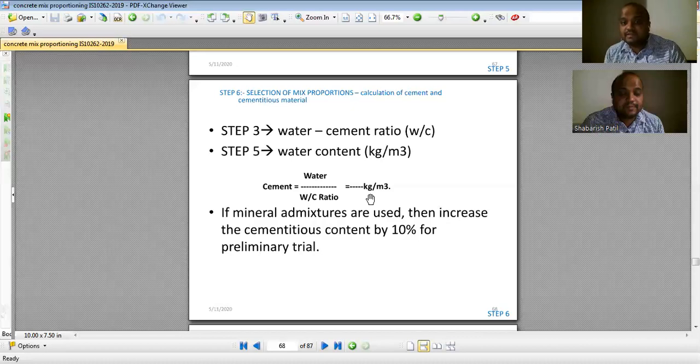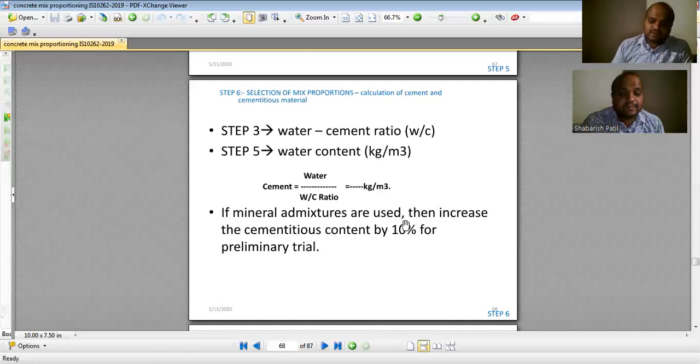If I am replacing cement with fly ash, then, as given in the IS code, you can follow this or not, I'm supposed to increase the cement content by 10%. So if my cement is 300 kg, my total cementitious material is supposed to be 330 kg per cubic meter.